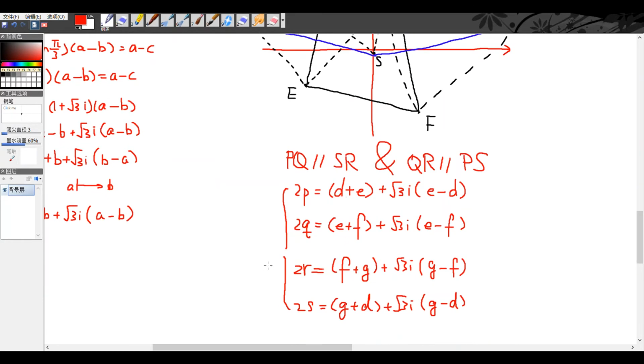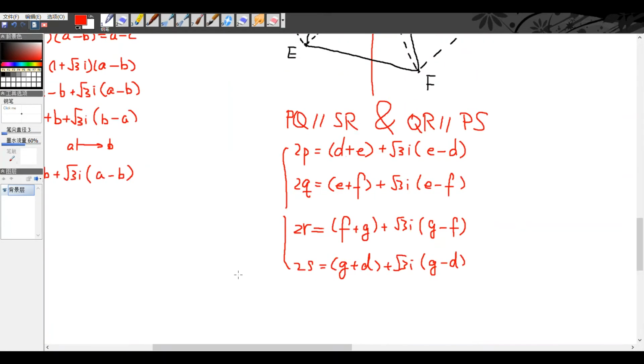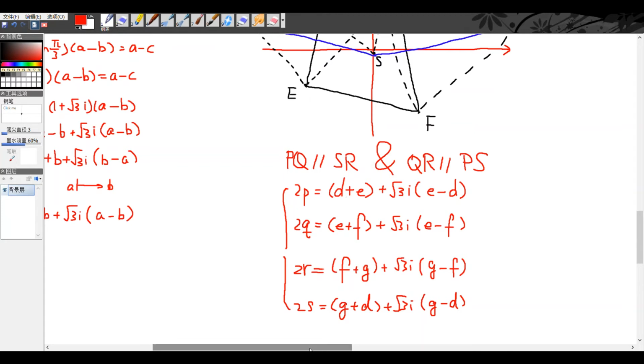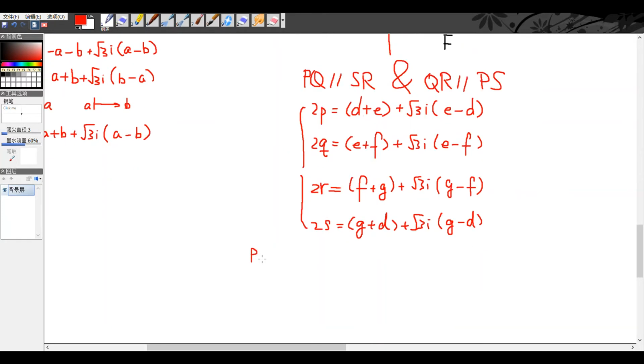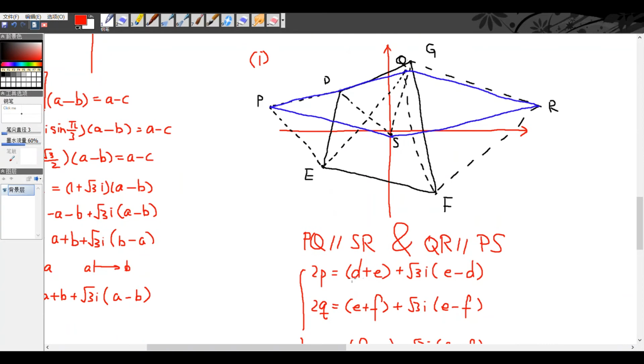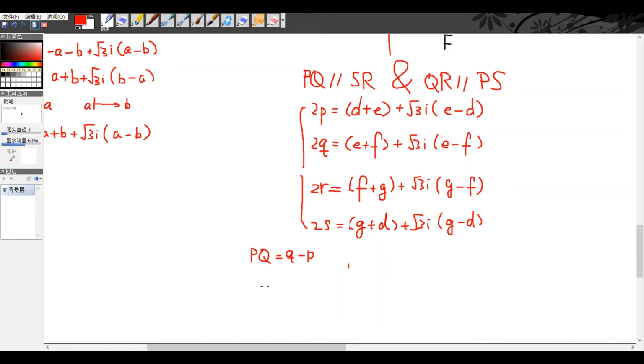So if you get this, then this problem should be very easy, because the line PQ is literally equal to Q minus P. Yes, this is just Q minus P. Because we all have the factor 2 right here, to make our calculation simpler, we can just calculate 2PQ, and this helps us not to deal with the very annoying factor of 1/2.